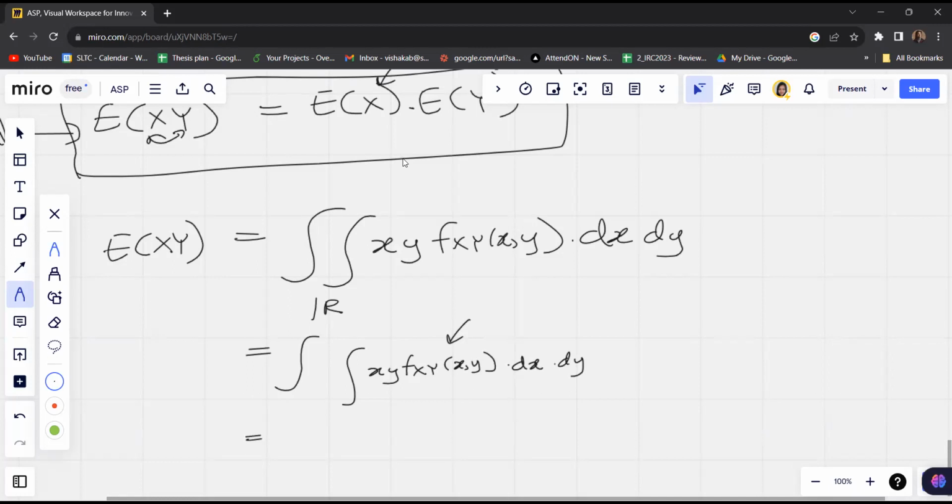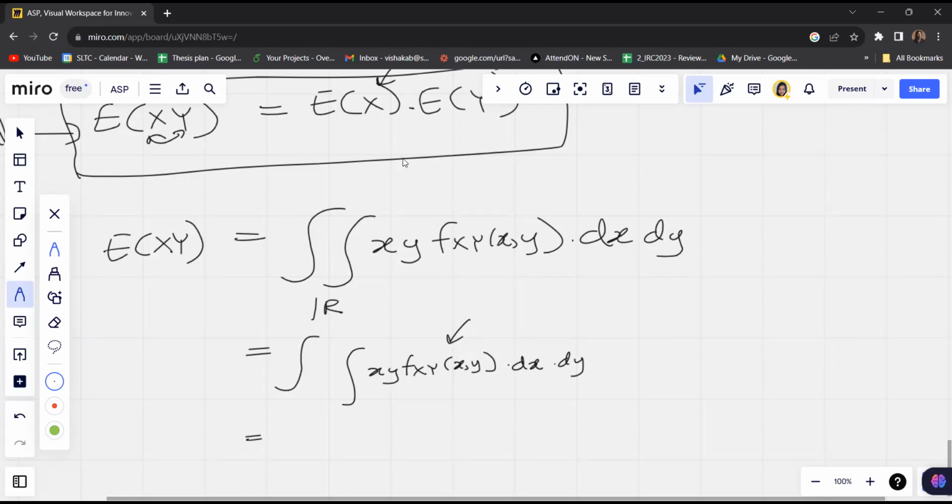It has both x and y components in it, and we need to actually consider the two random variables. If they are uncorrelated, there's no relationship between x and y, right? The final integration will be like the integration of x separately as a product with the integration with y separately.